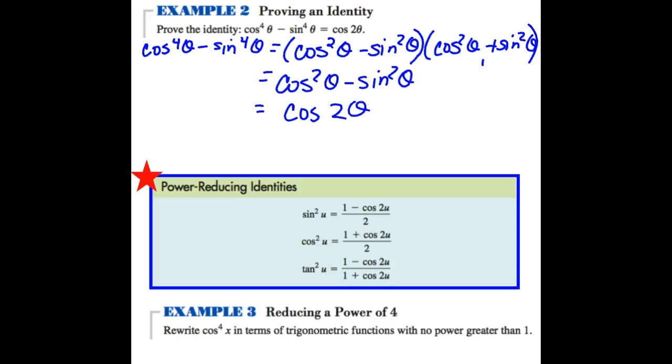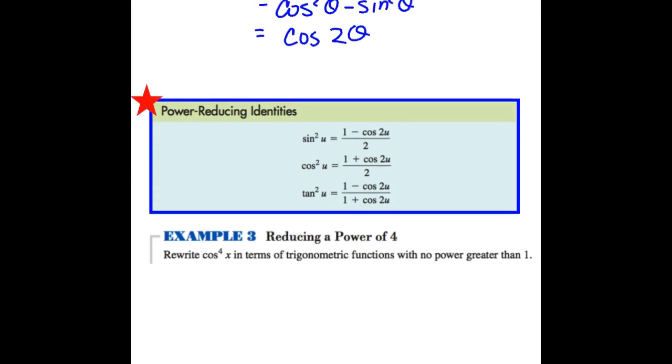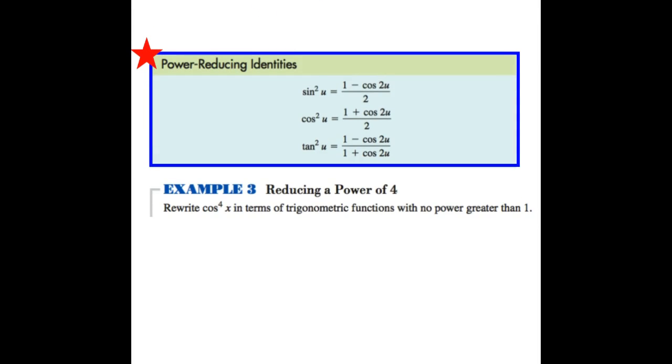Okay, the power reducing identities is our next chunk. Notice that in all of them, we are starting with a trig function that is squared, and we are converting it into something that just involves cosines with a first power. Okay, so here we have squares, here we have first powers.